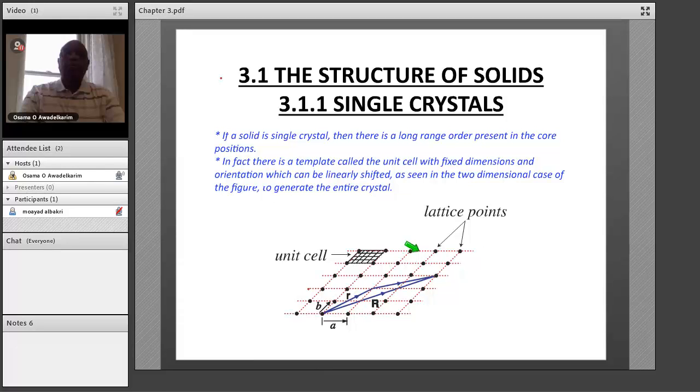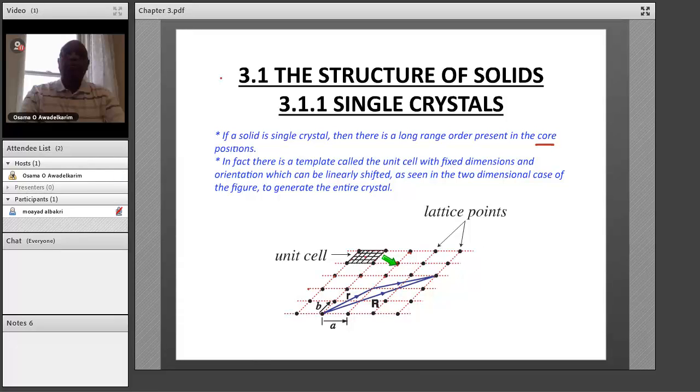Each point is filled with this number of atoms, which we call the core, or the basis of the solid. So a solid is literally placing atoms or molecules or a number of atoms in each lattice point. You can see that there is periodicity throughout, and this unit cell can produce the whole lattice by repeatedly translationally moving it.